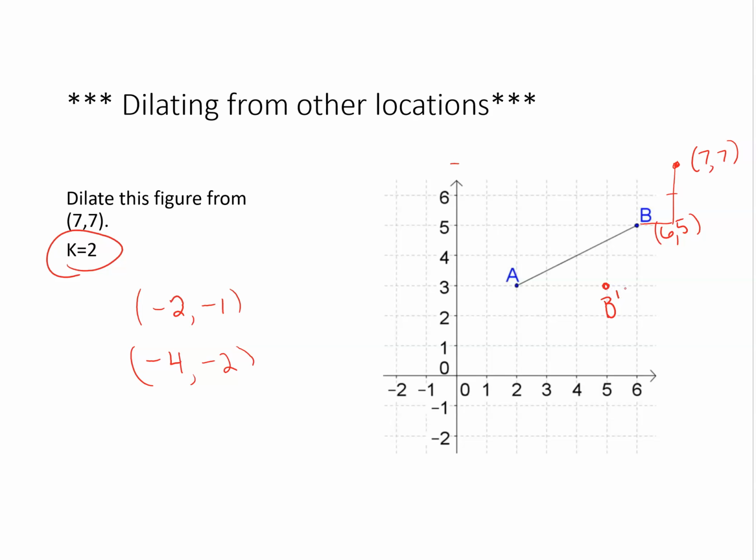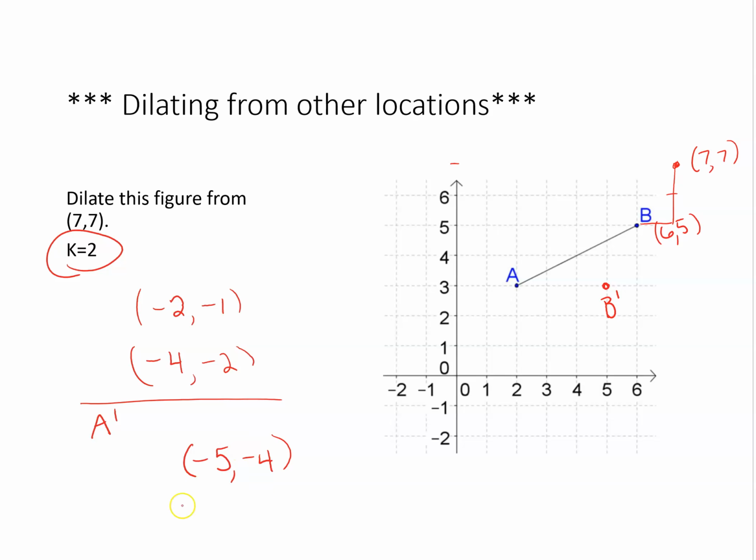Okay. A is from 7 down to 3. So now we're working on A prime. Let's do our x's first. From 2 to 7, that's 5. So I had to go over 5, and then I have to go from 7 to 3, down 4.